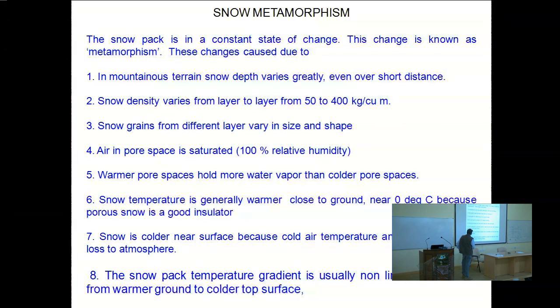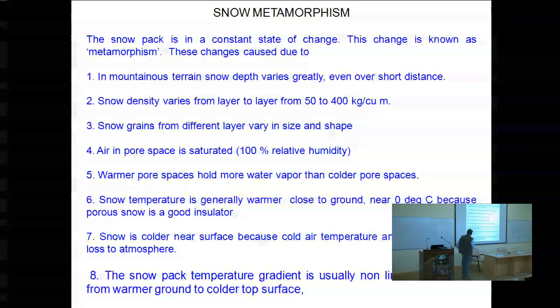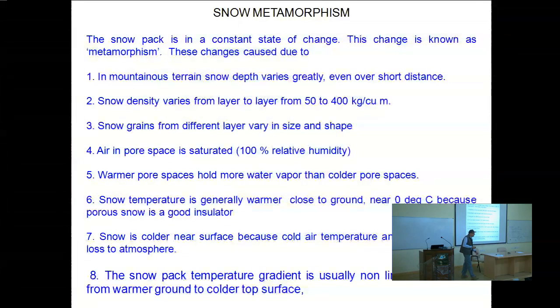So snow grains from different layers vary in size and shape, as we discussed. Air in the pore space is saturated, that means there is 100% relative humidity, because as we are discussing, in between two ice crystals there is air. That air is completely saturated, and it depends upon the temperature.